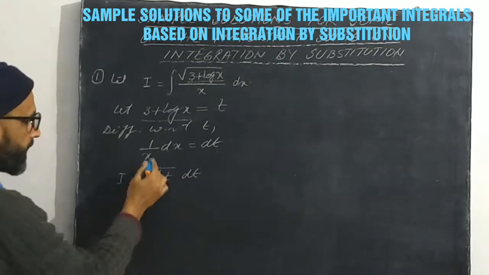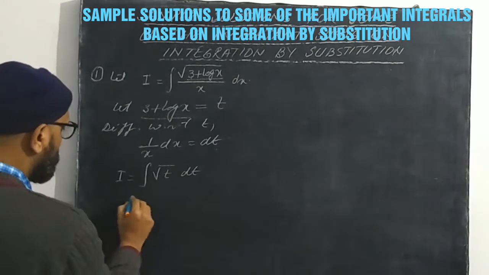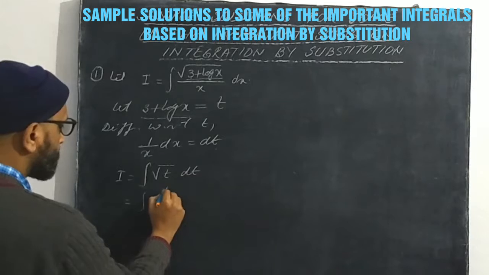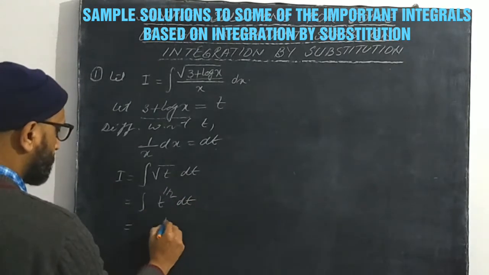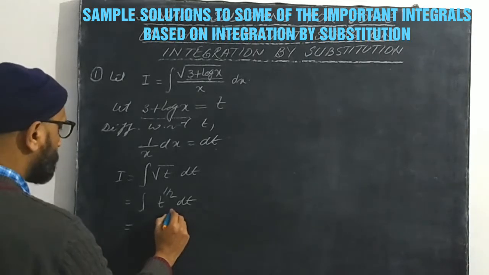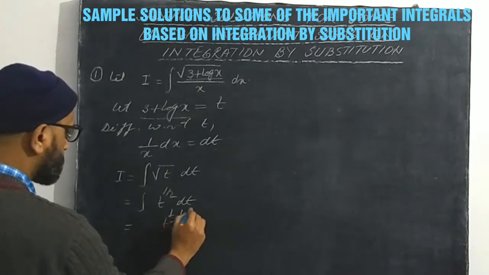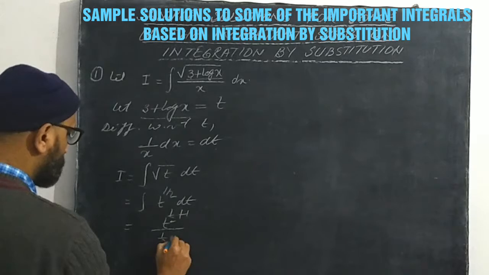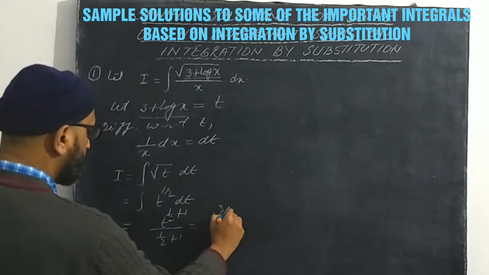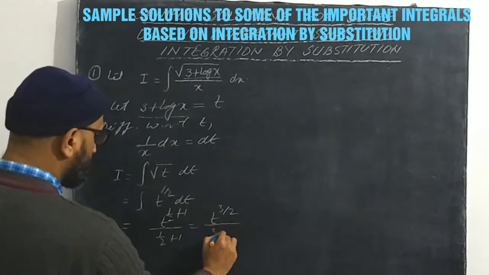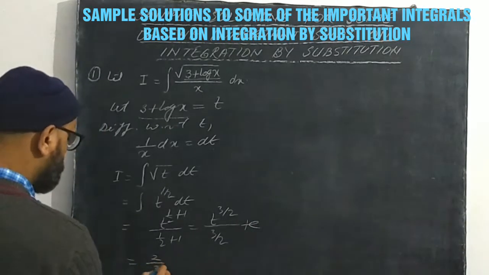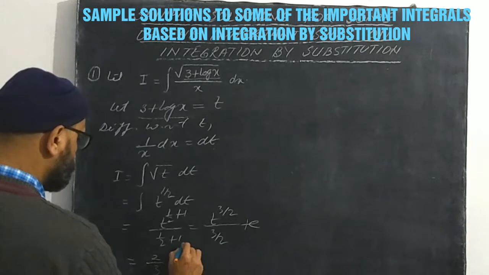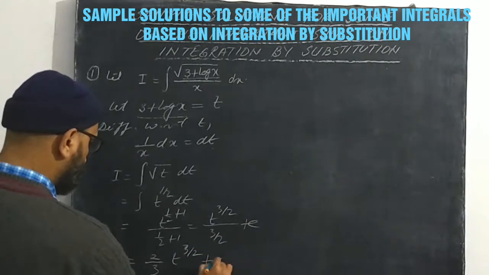So ultimately we get the integral of under root t dt, which may also be written as t raised to the power half dt. The integral of t raised to the power half dt, by the formula for x raised to the power n, we get t raised to the power half plus 1 upon half plus 1, that is t raised to the power 3 by 2 upon 3 by 2 plus c, or 2 upon 3 t raised to the power 3 by 2 plus c.